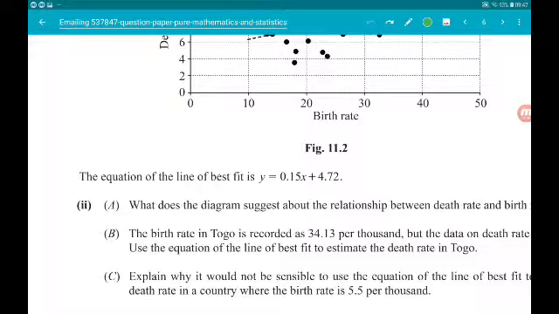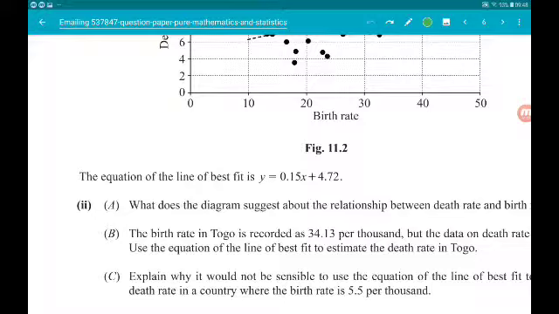Part 2a asks, what does the diagram suggest about the relationship between death rates and birth rates? Okay, so we can see that there is positive correlation between birth rate and death rate.